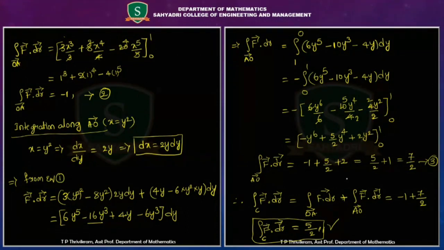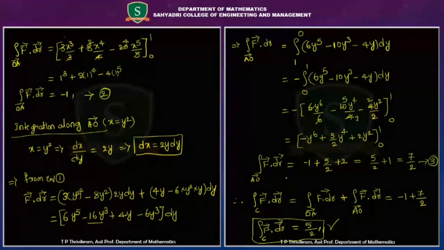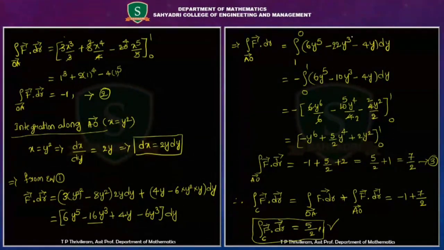Wait a minute. Yes, here only we made the mistake. So here how much will you get? 22, right? 22y cube plus 6 power 5, this also plus.